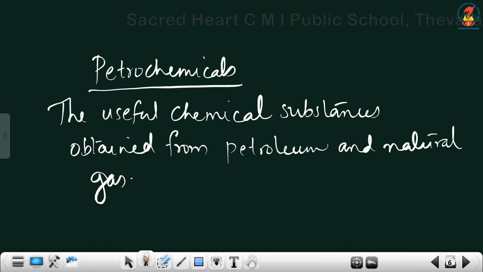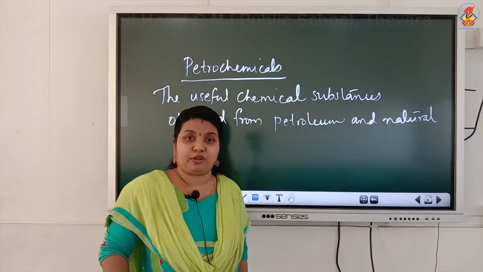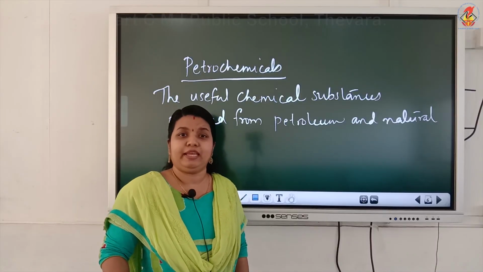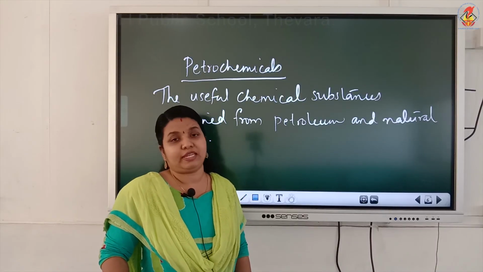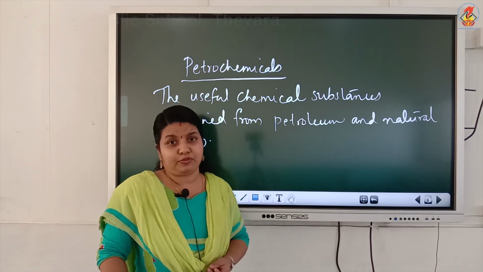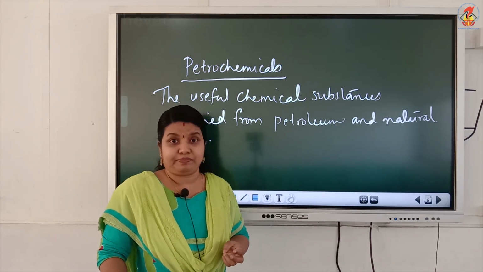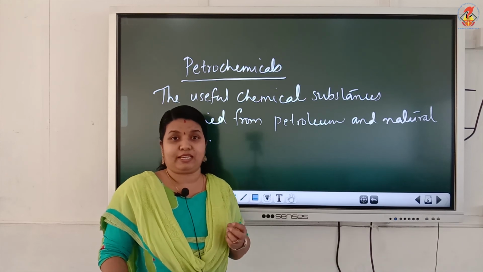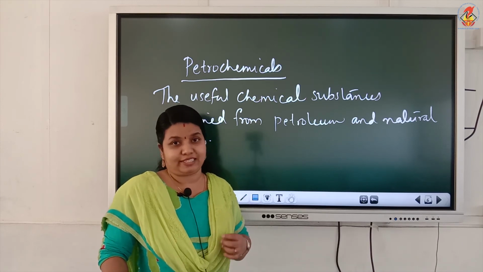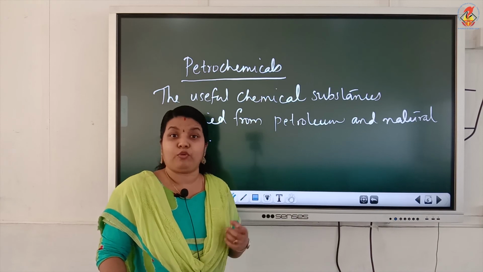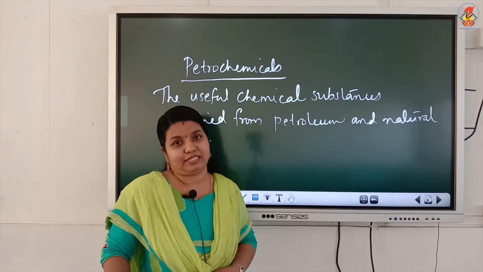Petrochemicals are the useful chemical substances which are obtained from petroleum and natural gas. They are used in the manufacture of many useful substances like detergents, then fibers like polyester, nylon, acrylic, etc. Then plastics, polythene and other man-made plastics.